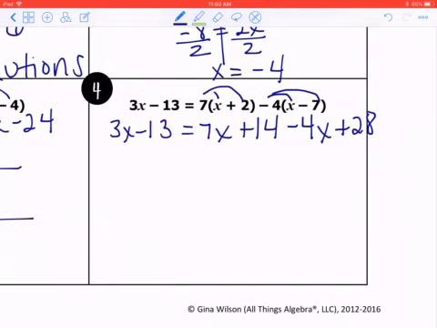Alright. Combine like terms. We have 7x subtract 4x, which is 3x. We have 14 plus 28, which is a positive 42.